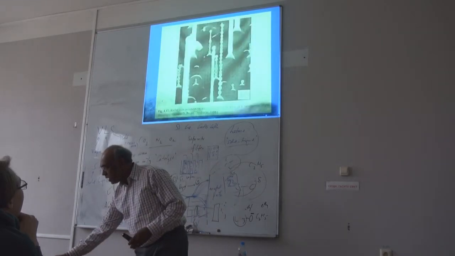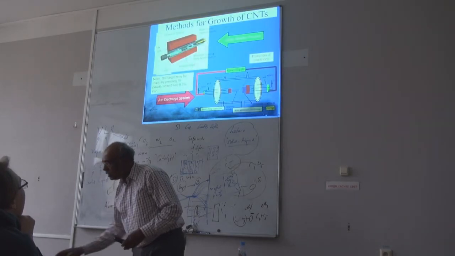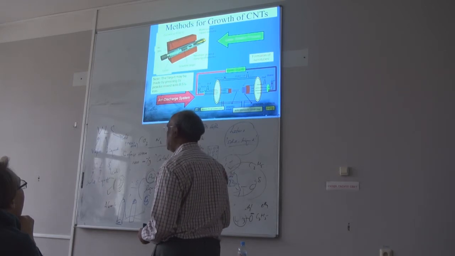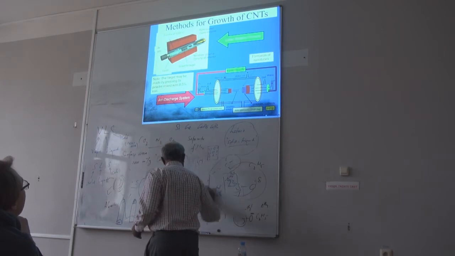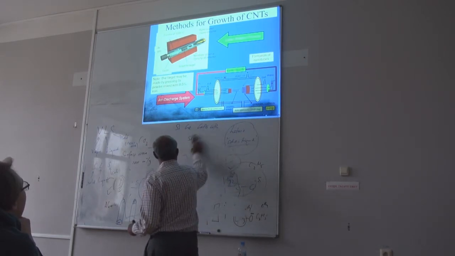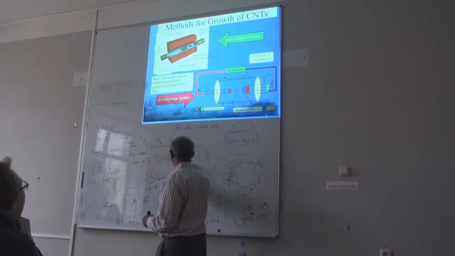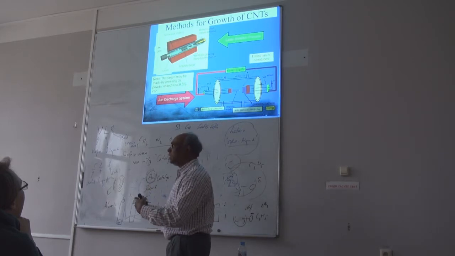So you can do the same thing for carbon nanotubes also, exactly the same way. In that case, you have to have, for carbon nanotubes, gold doesn't work. So for that you need to have iron, because iron and carbon can mix easily.